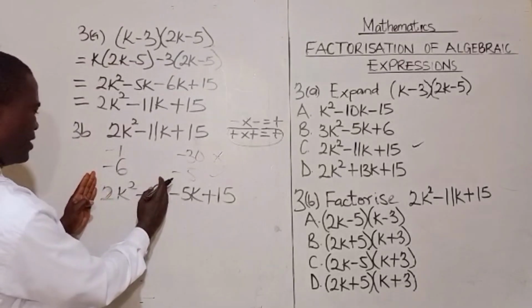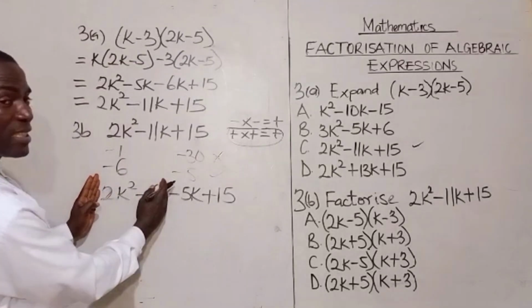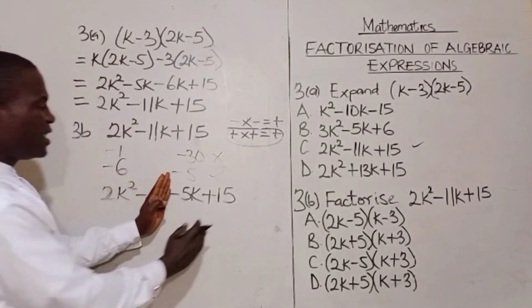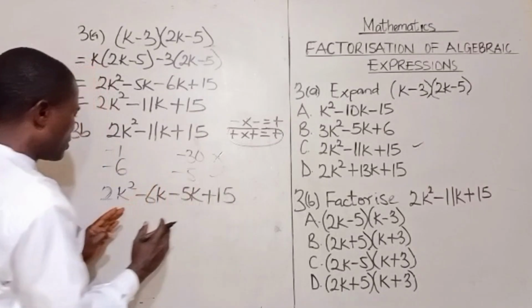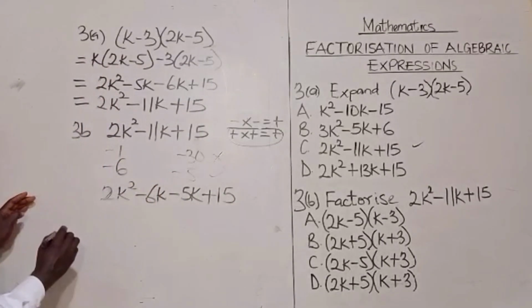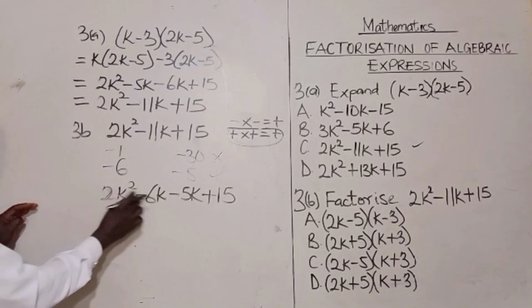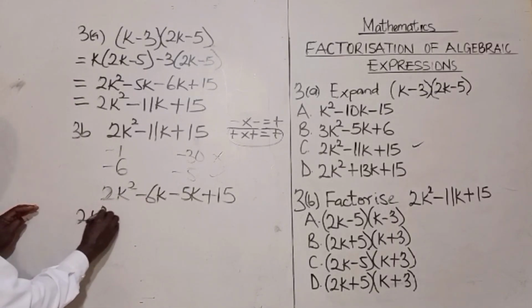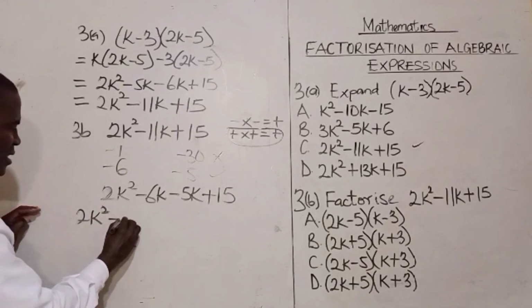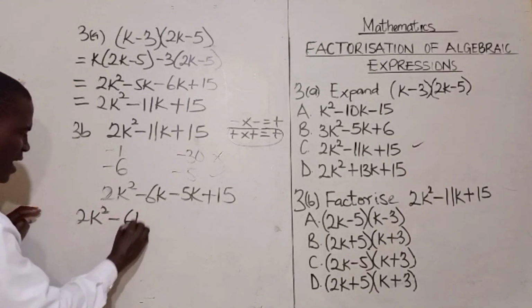We can do the pairing. This and this can be paired together. We factorize. This and this can equally be paired together. We factorize. Now let us see how we are going to do the pairing. We are going to pair this and this. That is to say, we are going to say 2k squared minus 6k.